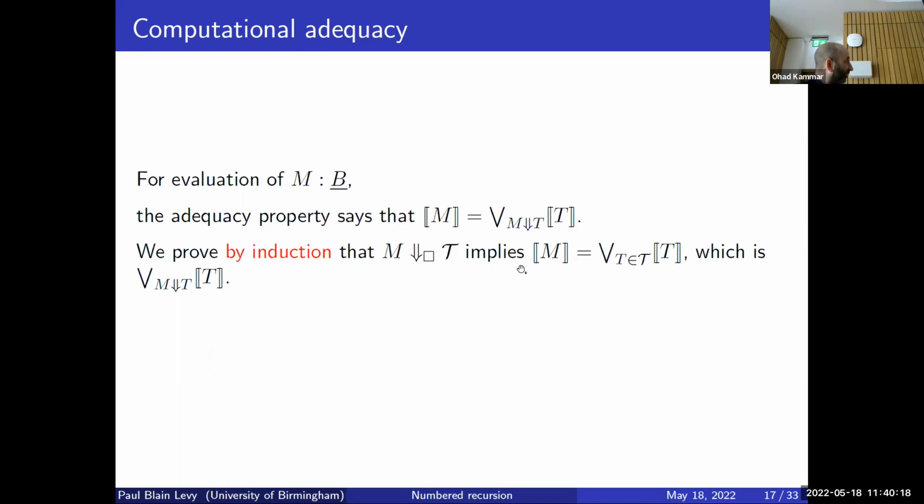So this supremum exists, and we just proved by induction that the meaning of M is the least upper bound of all of these things in T. And this least upper bound is the same as this least upper bound. Why? Because remember the relationship between decreasing and unwinding evaluation.